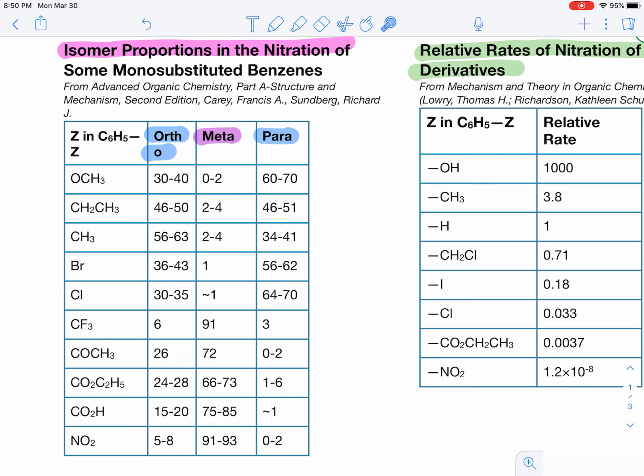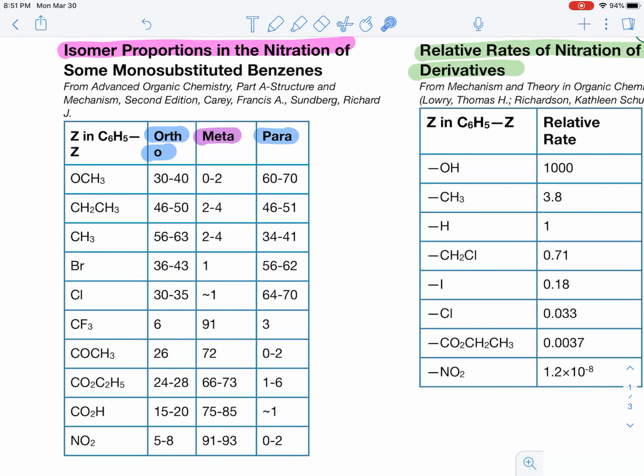If you look at this data, you can see that it appears that it either goes ortho and para, or it goes mostly meta. Neither case is an absolute thing. It appears to be more absolute for the ones that go ortho and para than for the ones that go meta, where there's more of the other possibility.